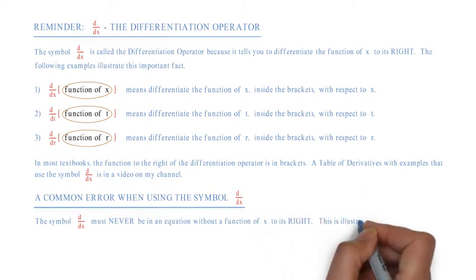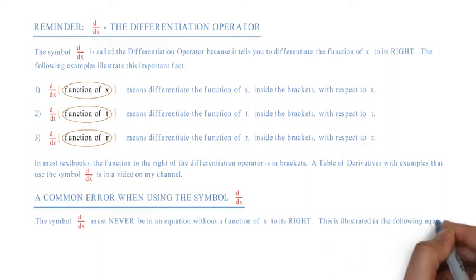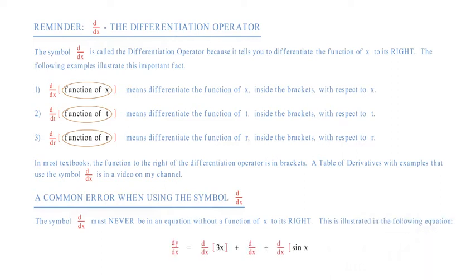This is illustrated in the following equation. d dx is followed by a function of x, correct. d dx is followed by a function of x, correct. d dx is not followed by a function of x, wrong, because d dx is not followed by a function of x.